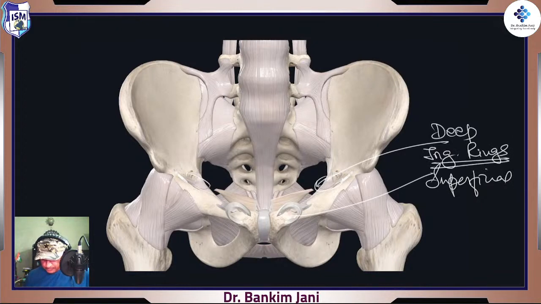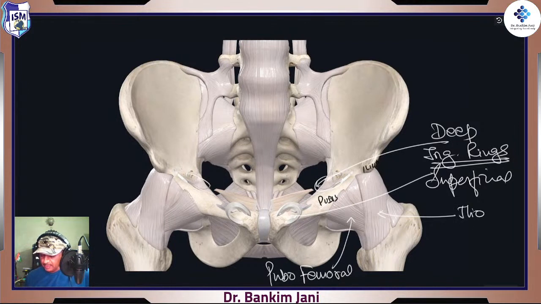And over here, all of them are going from femur. So now this is going to pubis, so we'll call this pubofemoral, right? Because this area is pubis, so pubofemoral. Then what about the second one which we have marked? This is ilium, so we'll call this iliofemoral, because it is going towards femur.